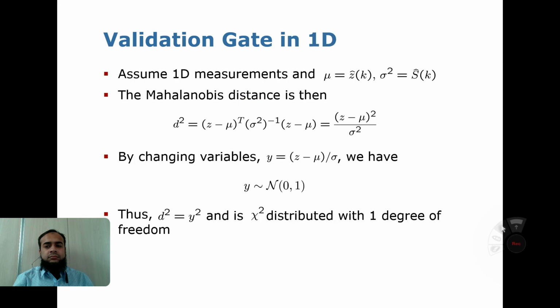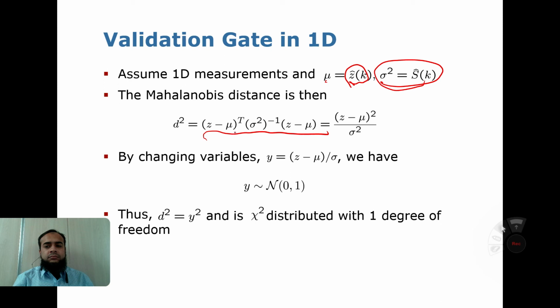Assume a 1D measurement, where zk is the mean value and sigma is the standard deviation, which is equal to the covariance. Then the distance is this thing. We want to show that this is a chi-square distribution.